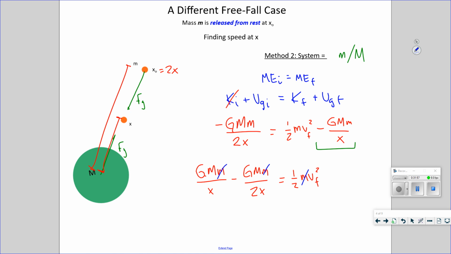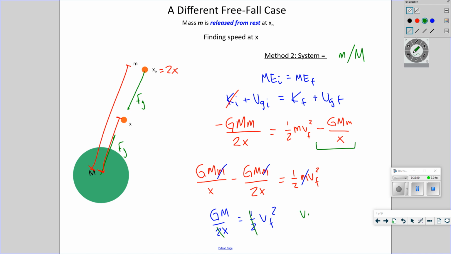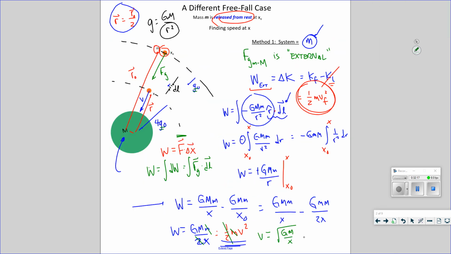This side does yield GM over 2x equals 1/2 v final squared. We can multiply both sides by 2, and we get that Vf is the square root of GM over x.